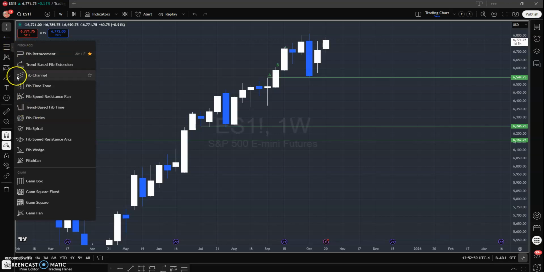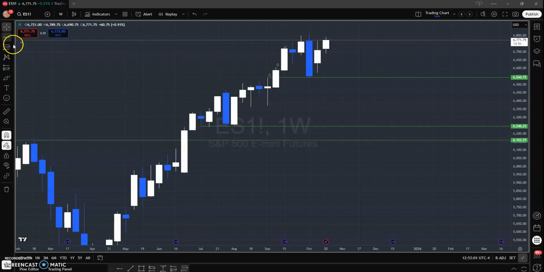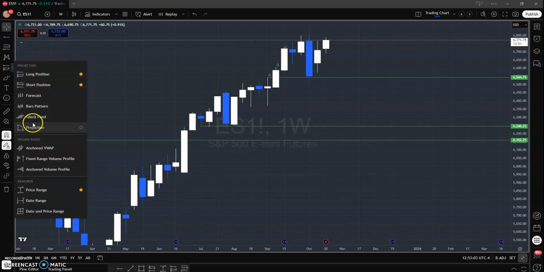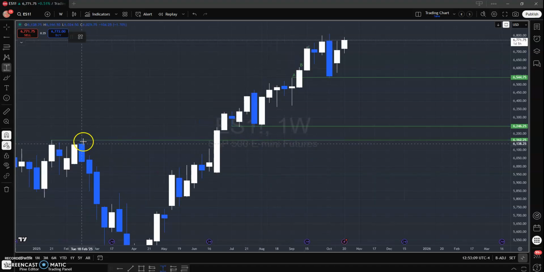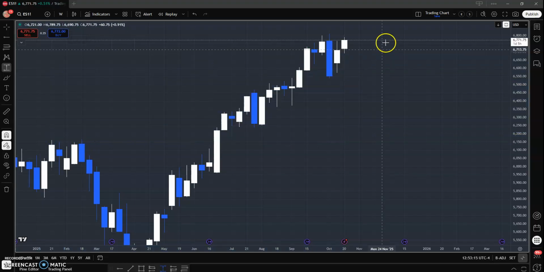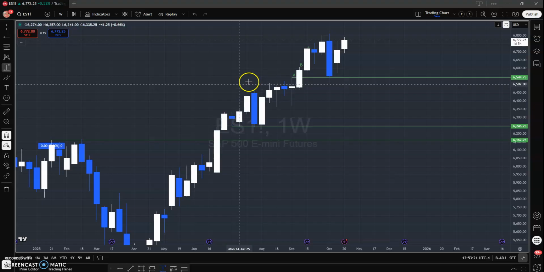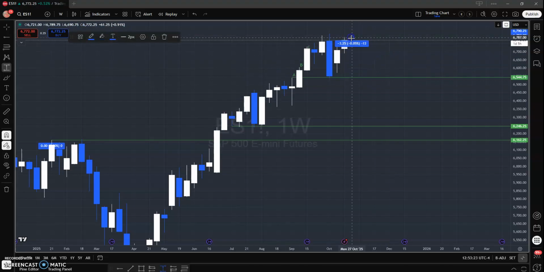We also have the fib. Where is it? Right here. I also use percentages. So let's go from this here on up to here.